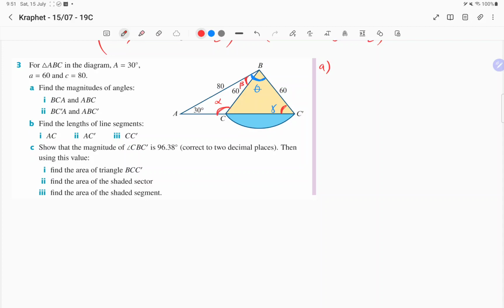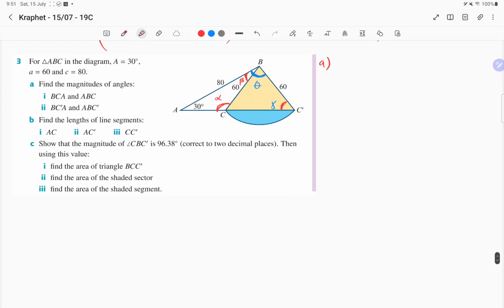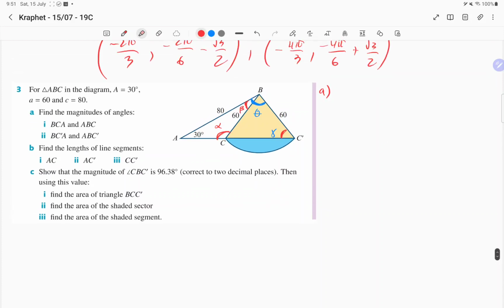The trick is to recognize: start with the angle, see if the side is known. Yes, it is. Then look at the other angle and see if the side in front is known. Yes, it is. So if you have two pairs of an angle and the side in front known, you can use the sine rule.